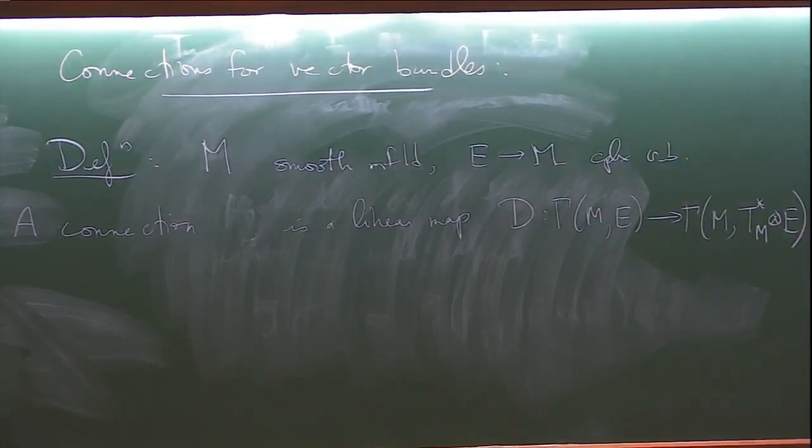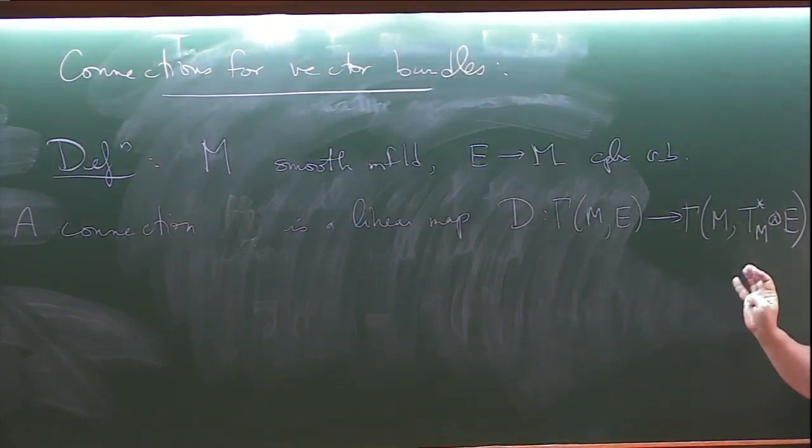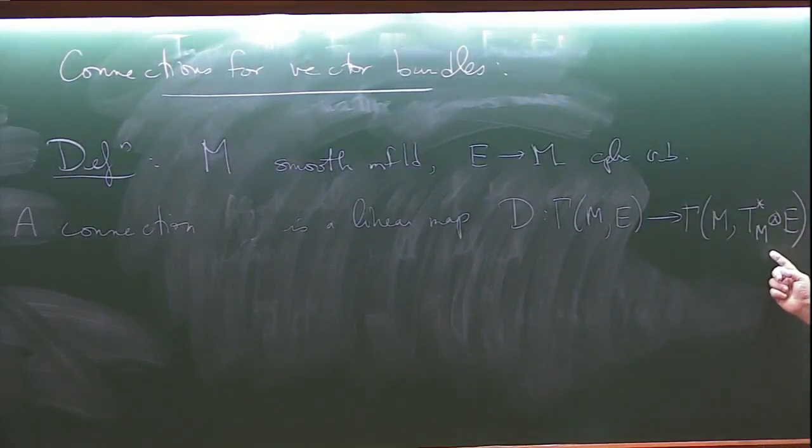I wrote it in the notes, but maybe I didn't mention it in the lecture. In most of our applications, the vector bundles will ultimately be holomorphic. So if you prefer, you can just think of this as a holomorphic vector bundle for now. Okay? This thing is not a holomorphic vector bundle, though.